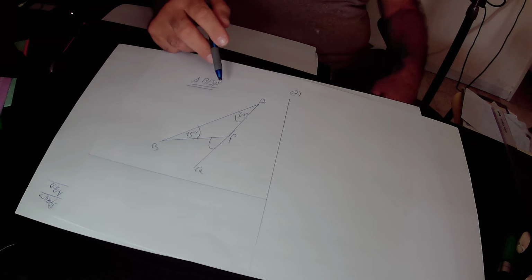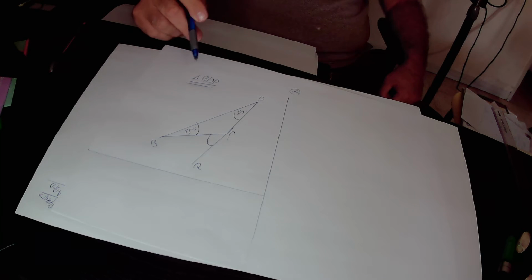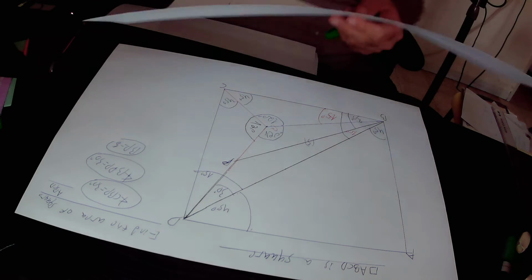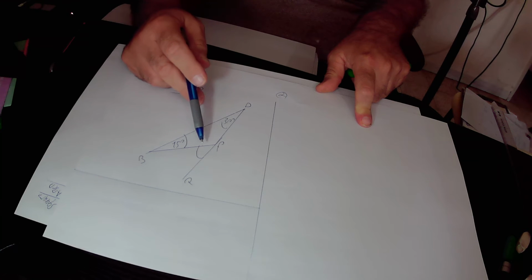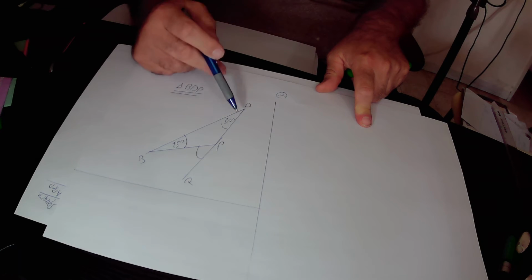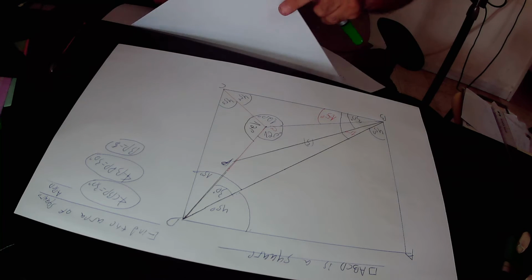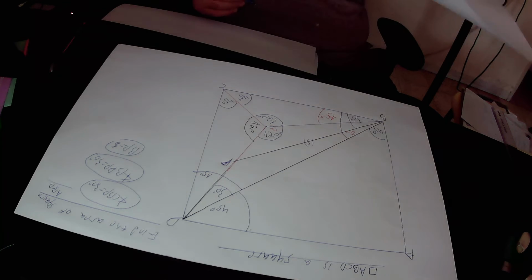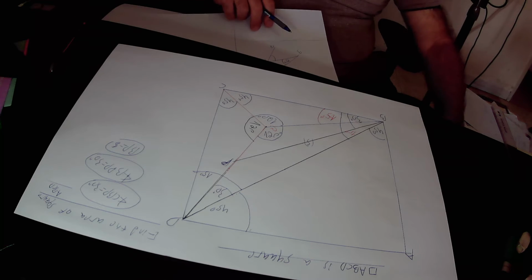This is an external angle for this triangle BDP. This angle is defined as an external angle of triangle BDP. So I pasted rule 8, and we implement rule 8 on triangle BDP. Only for rule 8.